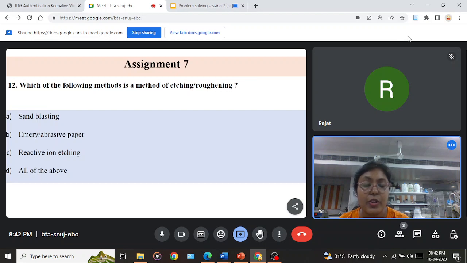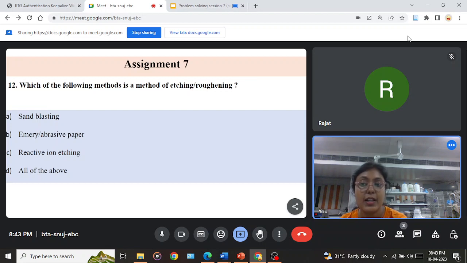So we do not want any kind of pathogens or other undesirable microbes to adhere onto the surface. For that we modify the surface by etching or roughening.